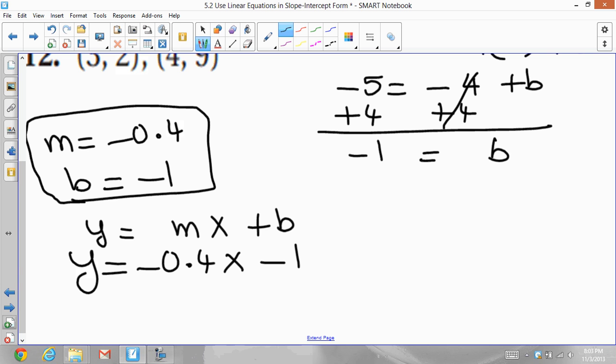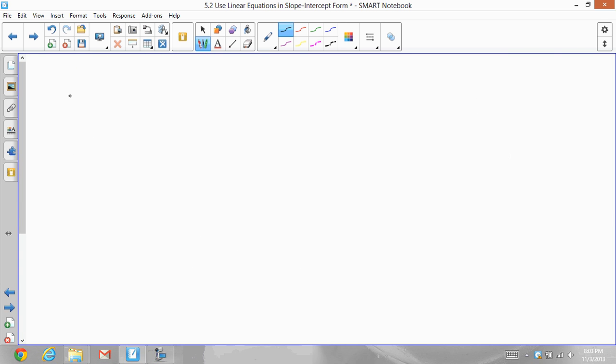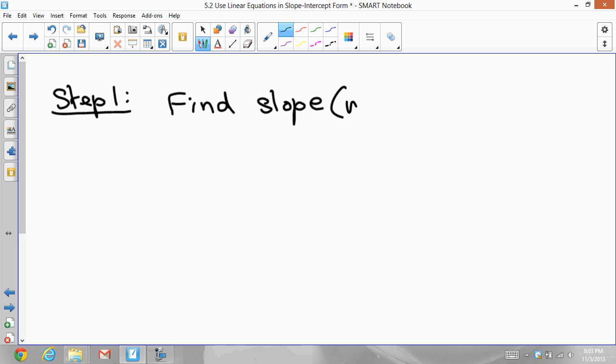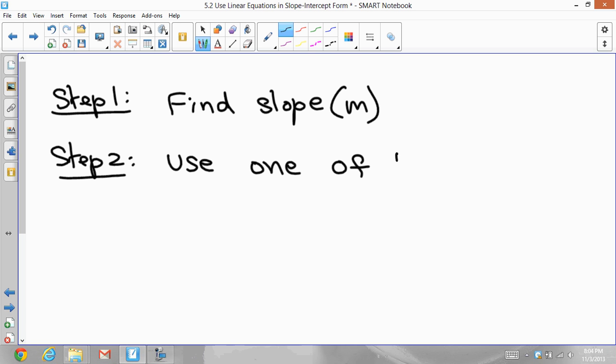Now let's summarize the steps. Write this down. Step number 1, find the slope, which is your m. Step number 2, copy this down as well. Step number 2, use one of the points. It can be any point.